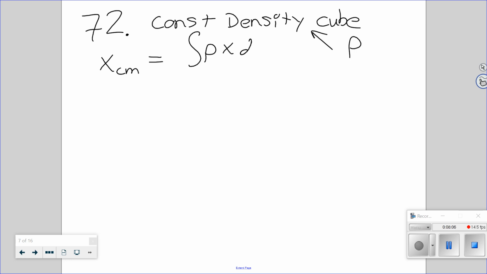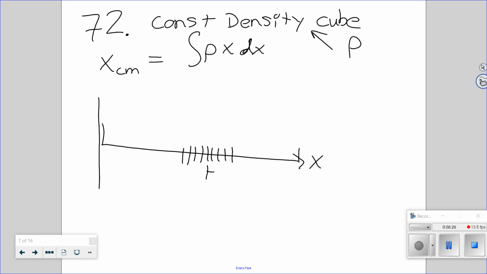Oh, yes. And I forgot to show this before. So I have this object along my x-axis, and I'm slicing it. Have you done this in calculus class? I'm doing tiny little slivers of it, and each sliver has a width dx.